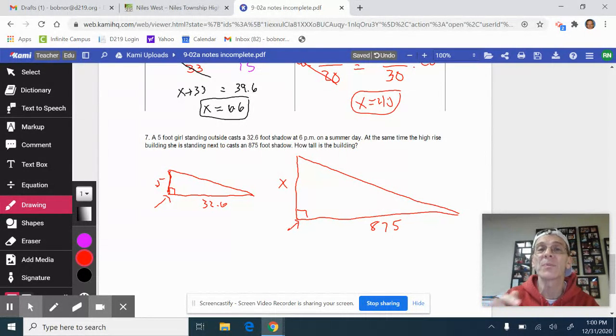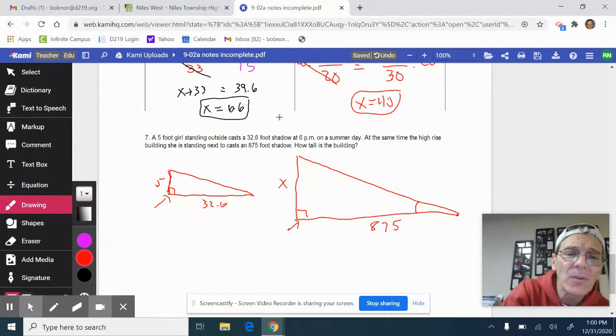These shadows are both being made by the sun at the same time of the day, in the same general vicinity, okay? So if you think about looking up at the sun from this point on the ground, you might measure the angle off of the ground up to the sun, and it might be 15 degrees or something like that.